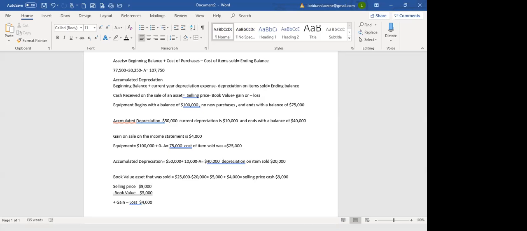I wish there were more problems like this in the homework. They have the easy ones that just say nothing else happened, nothing else happened. So it's so easy. There aren't many like this one. So this was a good one.